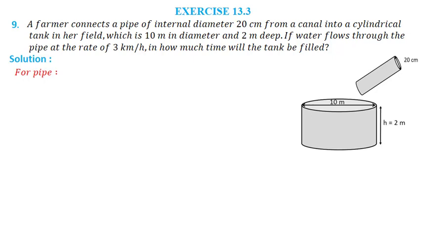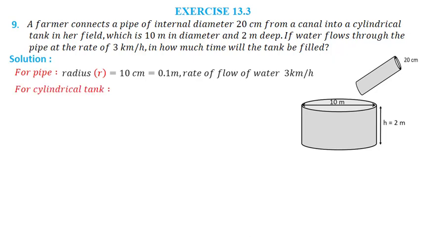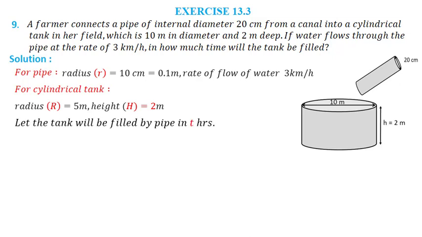Time we don't know, so let us assume that time as t. So for the pipe, radius is 10 centimeter, that is 0.1 meter. Rate of flow of water is 3 km per hour, it is given. And for the cylindrical tank, radius will be 5 meter and height will be 2 meter. Now let us take that the tank will be filled by the pipe in t hours.